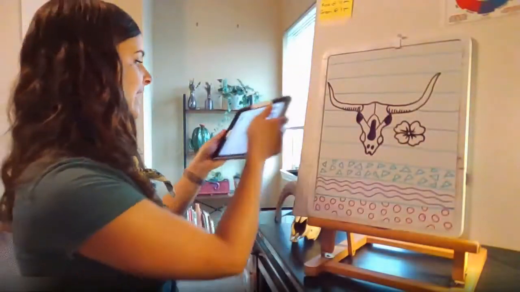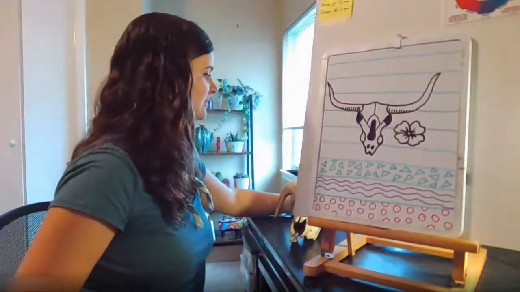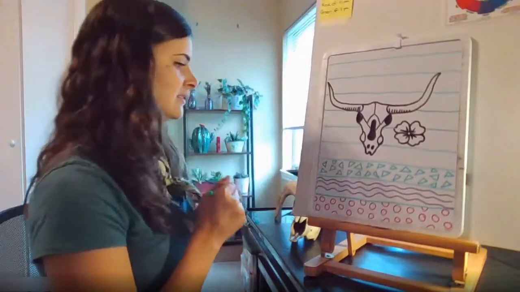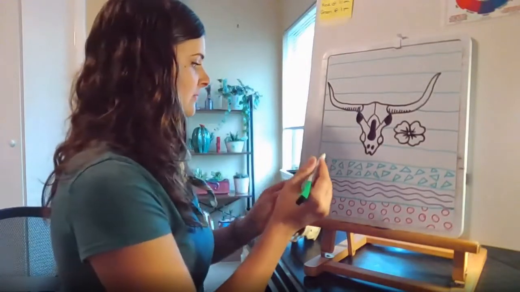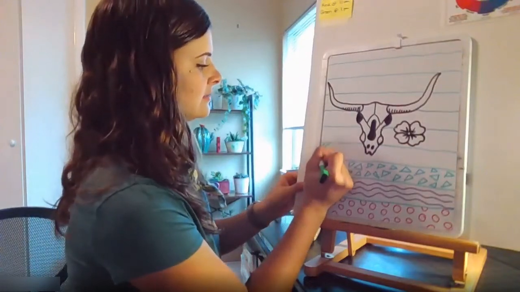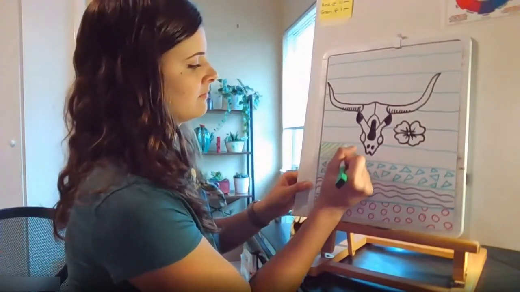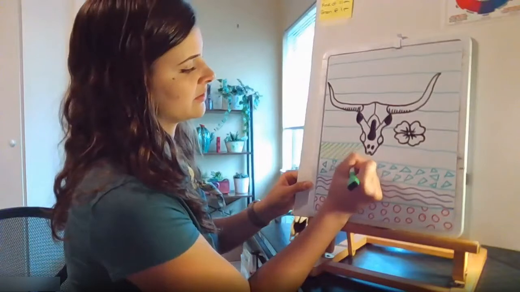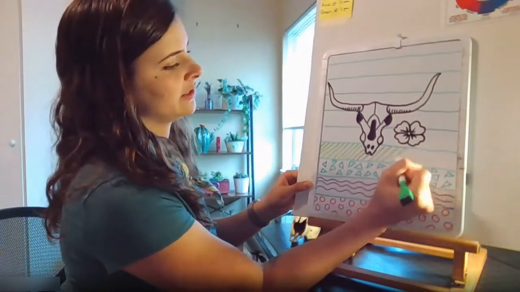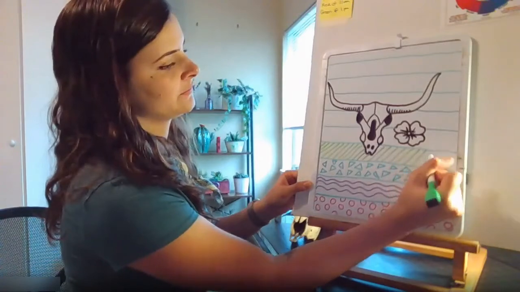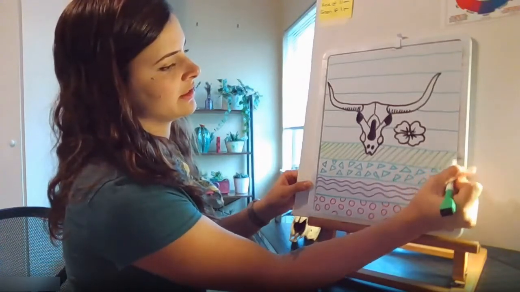You can just Google patterns or simple patterns to kind of give you some ideas. So I'm going to do some diagonal lines. So I'm using my green. And after I'm done with my green, I'm going to go back to pink. That's the first color I used in the beginning.